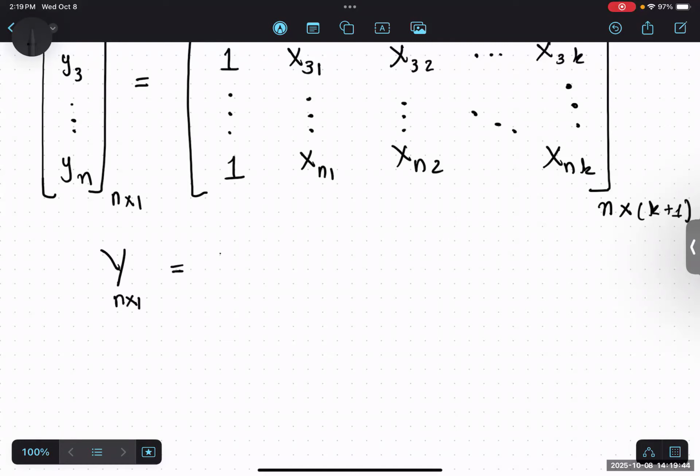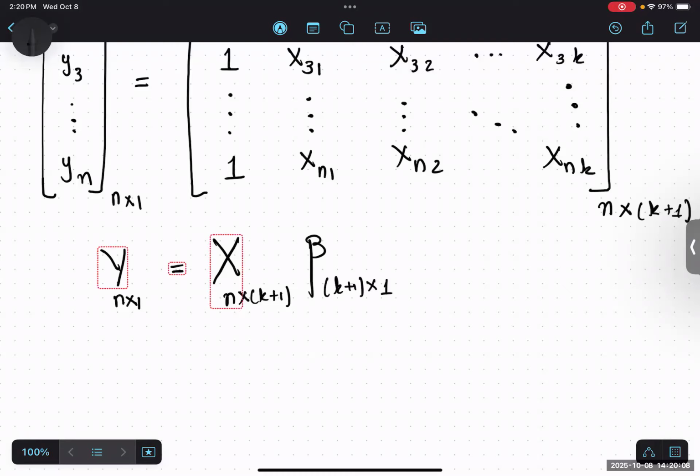And it is equal to my matrix X with dimensions n times k plus 1, which is multiplied by a vector of parameters with dimensions k plus 1 times 1.